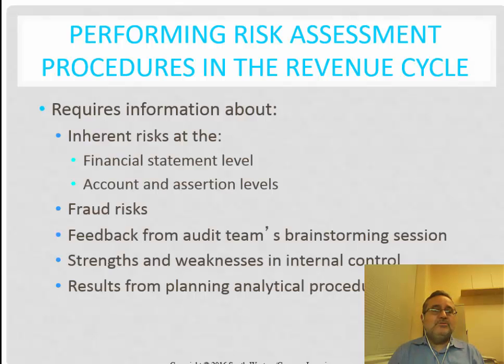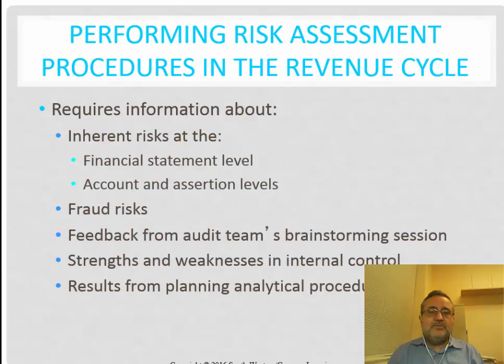Now, as we understand the inherent risk and fraud risk, what we're interested in doing as an audit team is brainstorming in terms of determining the strengths and weaknesses of the internal control structure, based upon our planning of our analytical procedures.